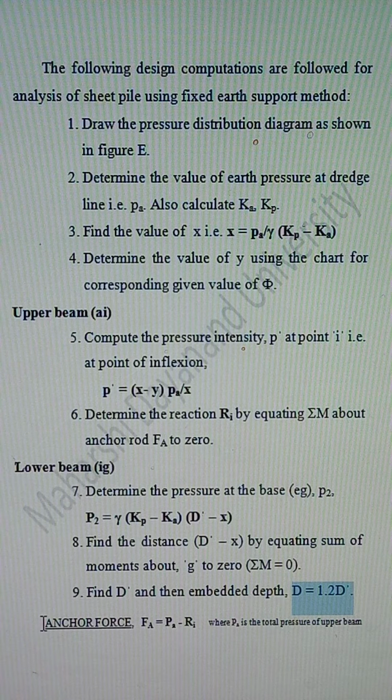After that, we can determine the anchor force by considering the upper beam: the force in anchor rod Fa equals Pa minus Ri, where Pa is the total pressure on the upper beam. By these design steps, we can determine the embedded depth and anchor force in sheet pile using the equivalent beam method.